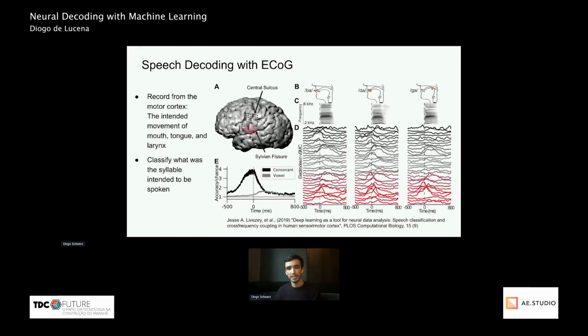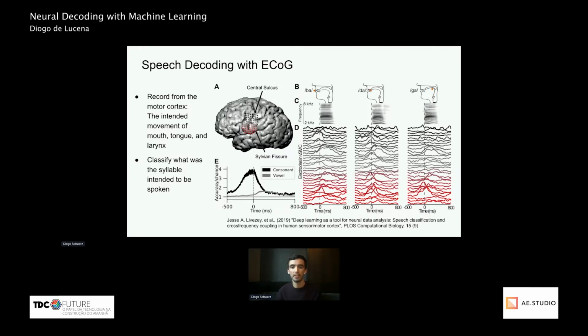In this specific project, we have this array of electrodes in the sensorimotor cortex, the part that has both the motor and sensory part of the brain. And we're trying to classify different syllables that someone is saying. It may be odd that we're doing it in the motor part and not in the speech part. But as you know, your tongue is going to move differently in your mouth, and your jaw is going to move differently when you're speaking each syllable differently.